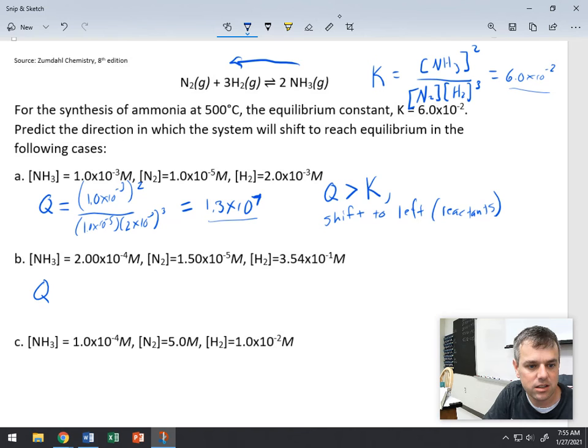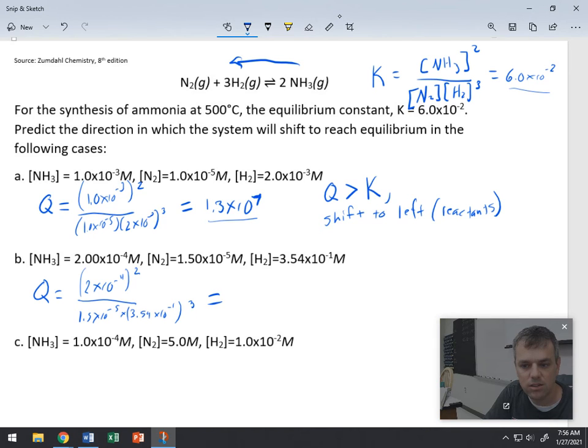We plug in Q equals 2 times 10 to the minus fourth squared over 1.5 times 10 to the minus fifth times 3.54 times 10 to the minus 1 cubed. And let's plug that into our calculator and see what we get.